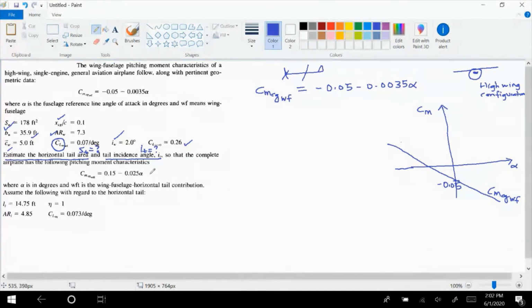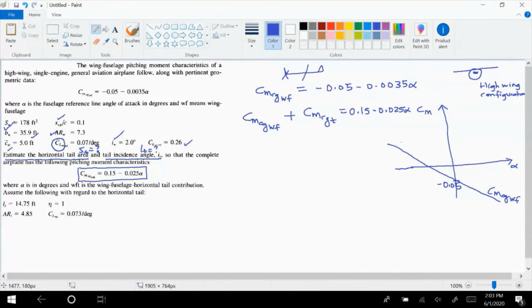So we want the total moment coefficient about the center of gravity to be this. Okay, so in other words, this Cm,CG wing fuselage, which is given to us, plus Cm,CG due to tail, should be combined to give us 0.15 minus 0.025 alpha.